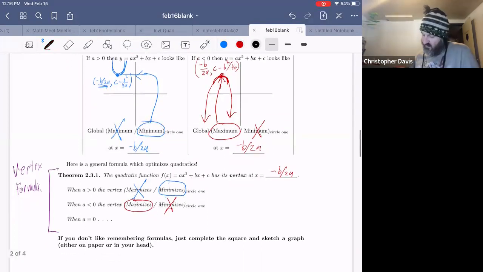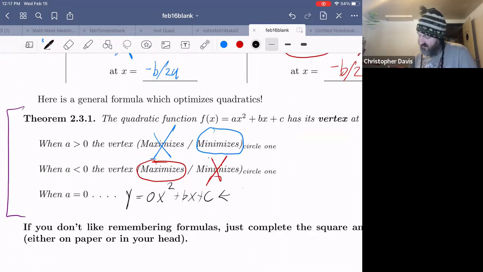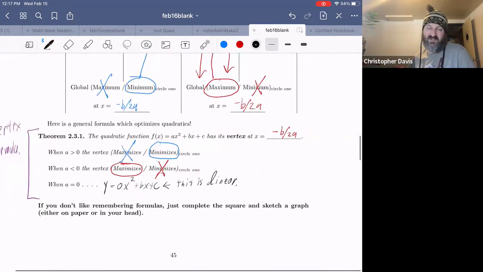When a is equal to 0, you have the function y equals 0x squared plus bx plus c. This is a line. So if you have a linear function, don't use anything having to do with quadratics. There's something easier, it's linear.